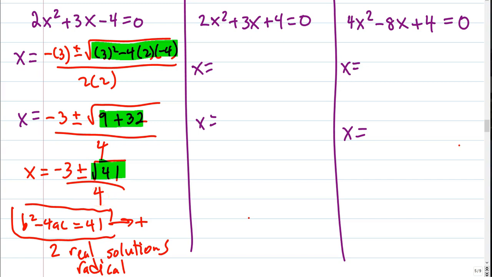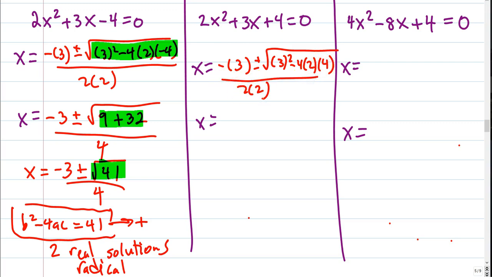On this one, I don't have to look at the whole thing, but I could. X is equal to negative 3 plus or minus the square root of b squared minus 4 times a times c, all divided by 2 times a. X is equal to negative 3 plus or minus the square root of about 9. This time that's minus 32 all over 4.